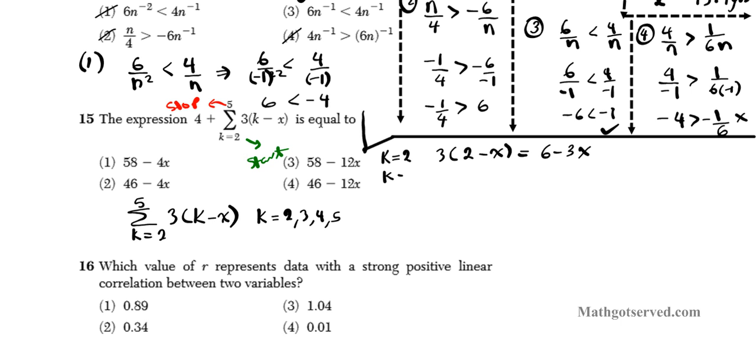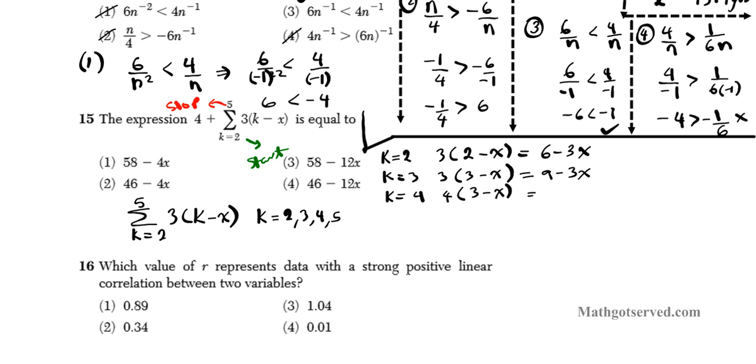For k equals 3, we're going to compute 3 times 3 minus x, which gives us 9 minus 3x.